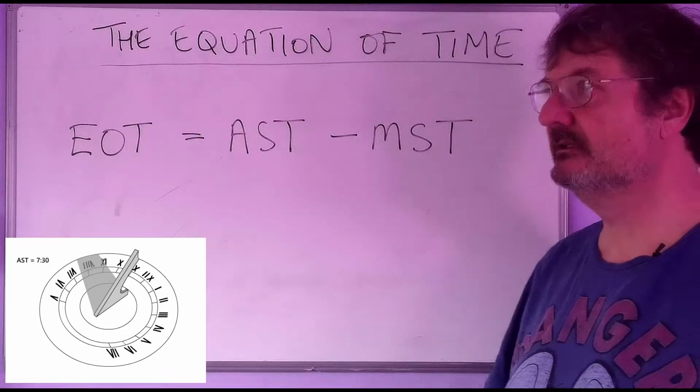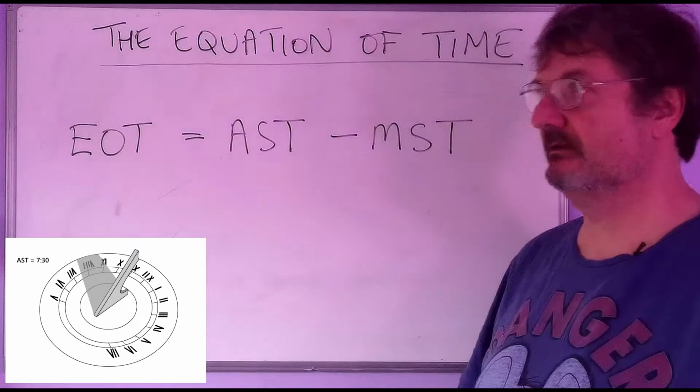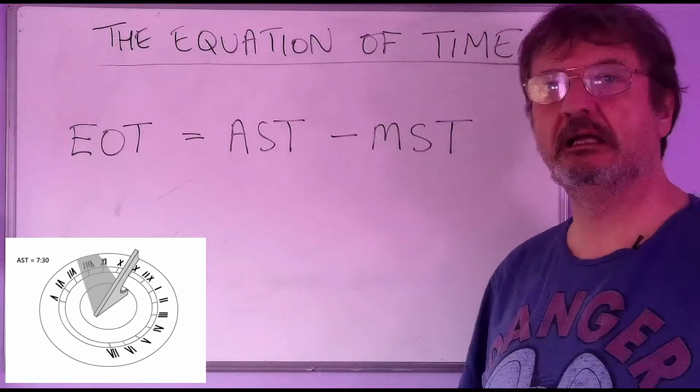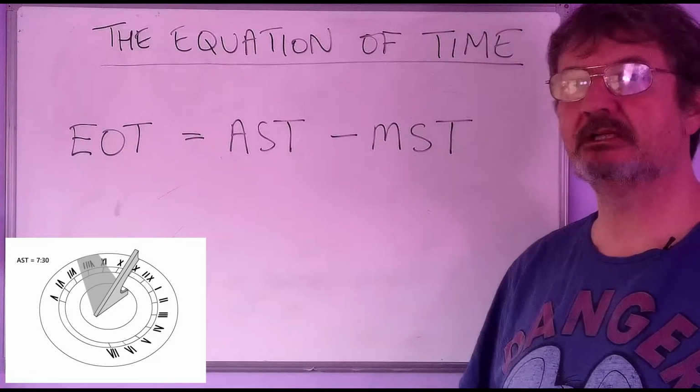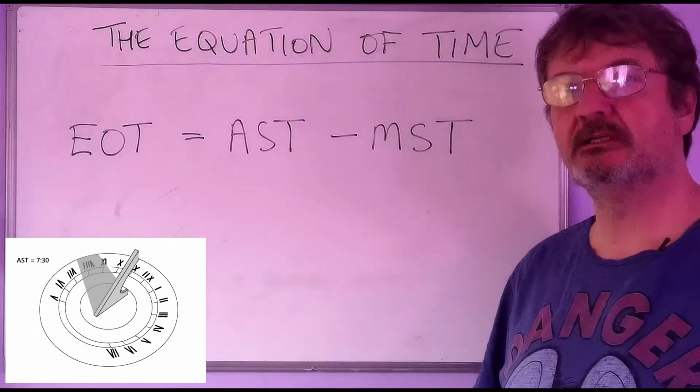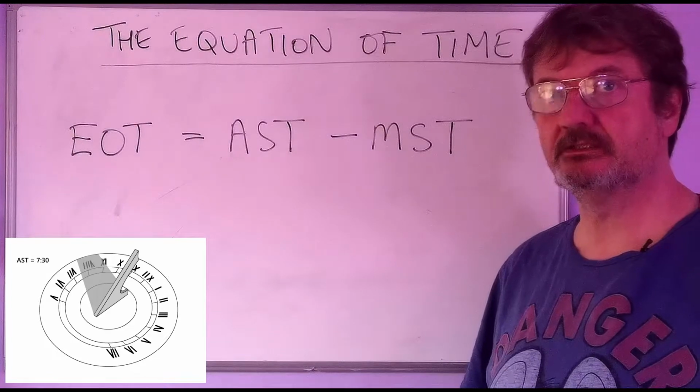If your sundial says it's 3 o'clock and your clock says it's 7 minutes past 3, then the equation of time is minus 7 minutes.